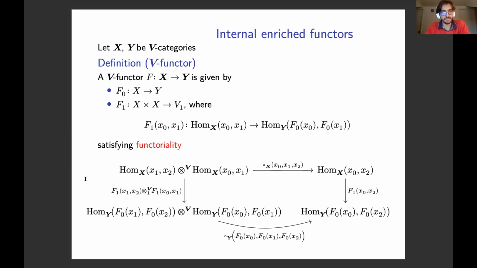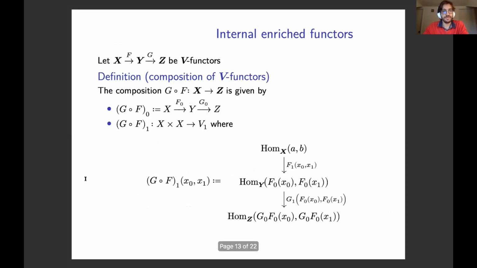Here we have one of the functoriality axioms saying that the functor preserves composition. And we can define a composition of functors in the usual way by composition of the object component and composition of the arrow component.